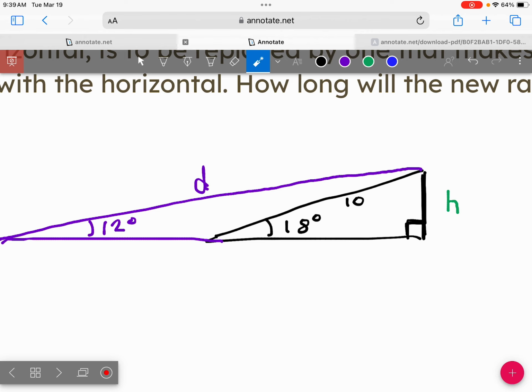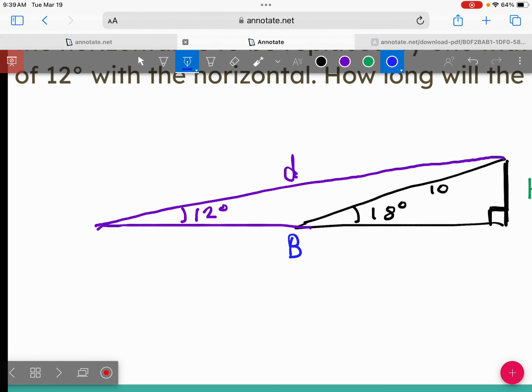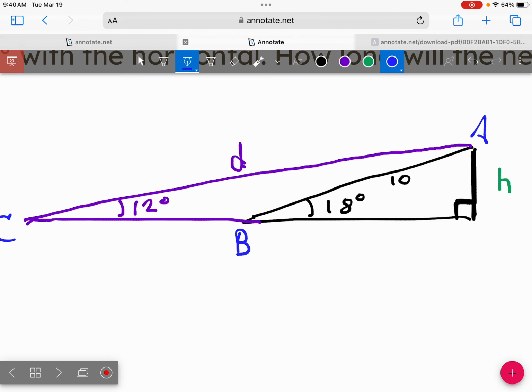No, but we could find it if we wanted to. What do we need to know to be able to find this distance? So I'm just going to name this B. And this one's going to be C, and this one's going to be A. What do we need to know? I just labeled things so we could talk about this. In order to find distance D.